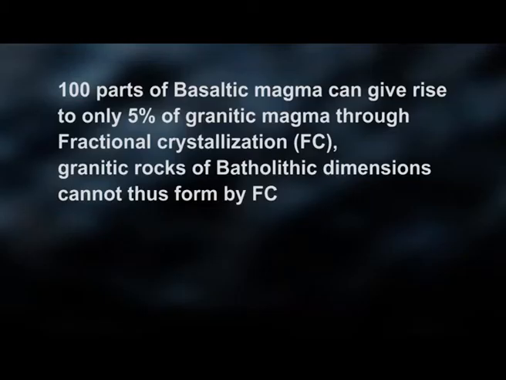This absence also precludes the possibility of production of a large volume of granitic magma by differentiation of parental basaltic magma, because experiments have shown that 100 parts of the basaltic magma can give rise to only 5% of the granitic magma through fractional crystallization. Granitic rocks of batholithic dimension cannot thus form by fractional crystallization.